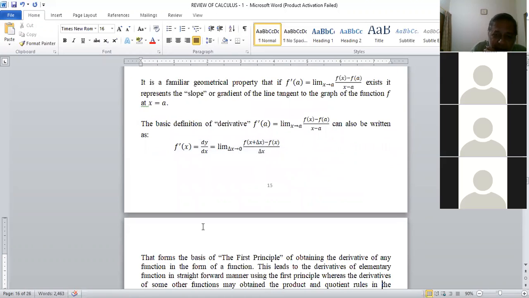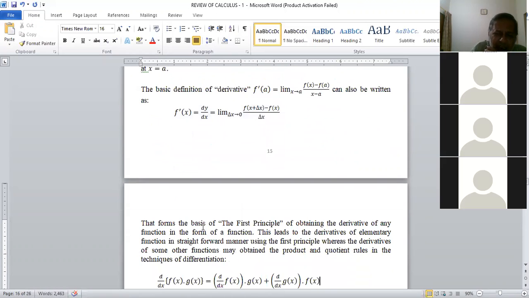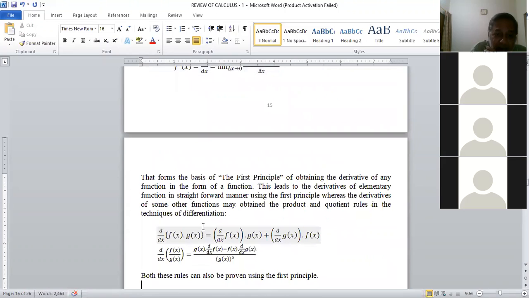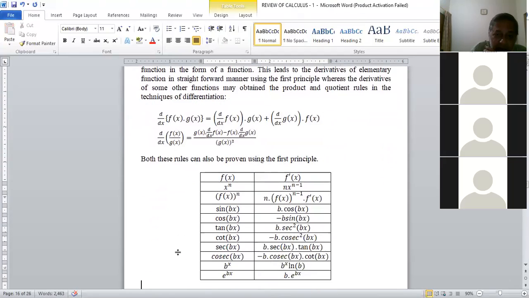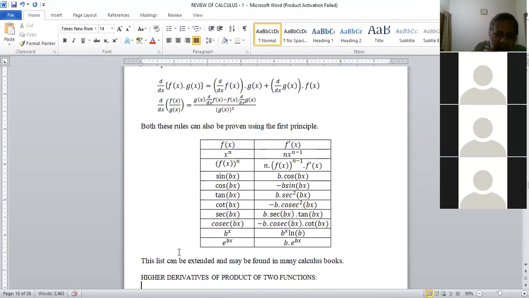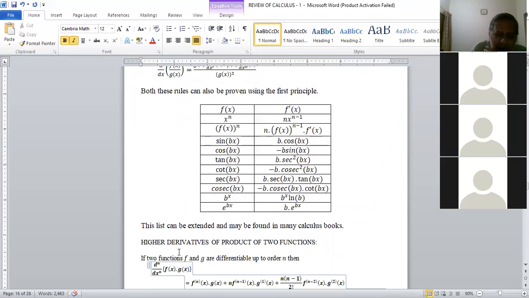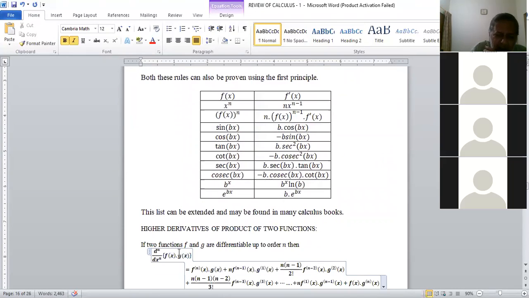This is the basis of first principle जिसके जरिए सारे एलिमेंट्री फंक्शंस के डेरिवेटिव्स फॉर्मूला मालूम किए जाते हैं, along with some techniques of differentiation like u into v rule. u into v का डेरिवेटिव u prime v plus v prime u, u upon v का डेरिवेटिव, and they lead to many differentiation formulas, and you can see the list in many books and on the internet.